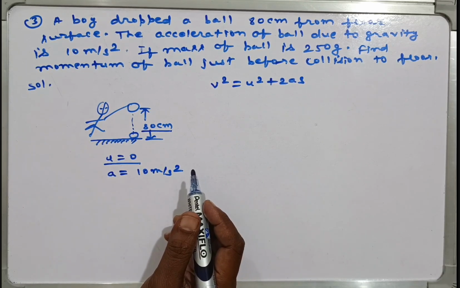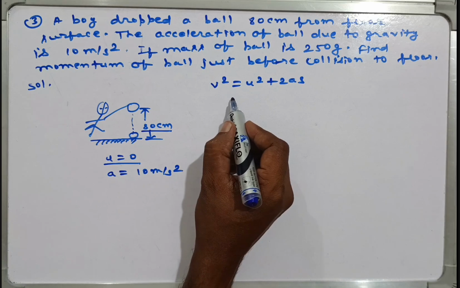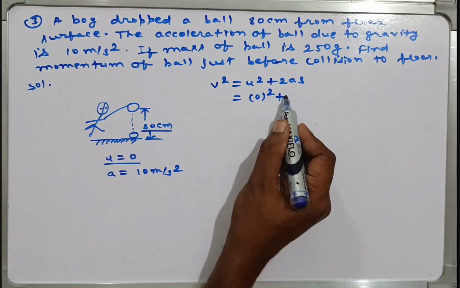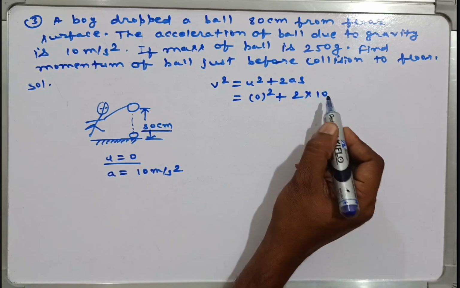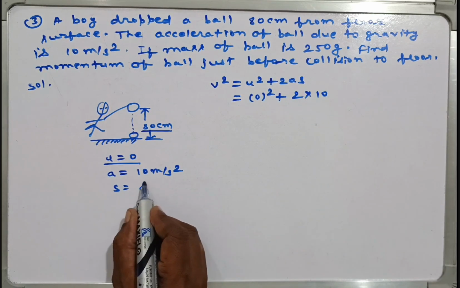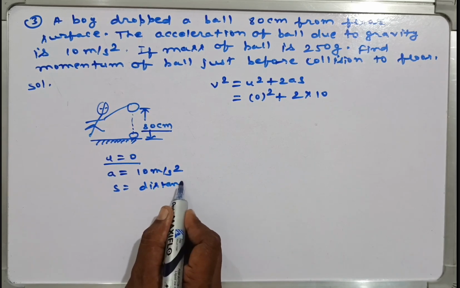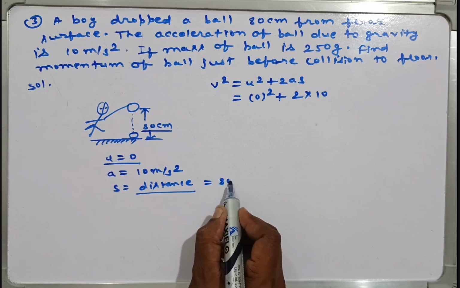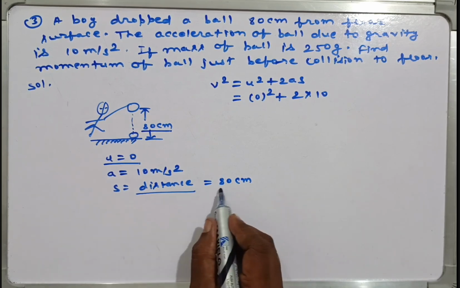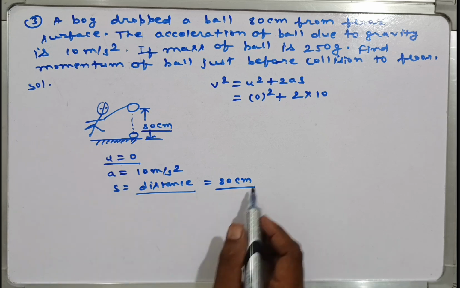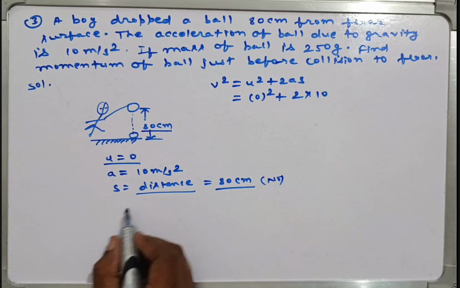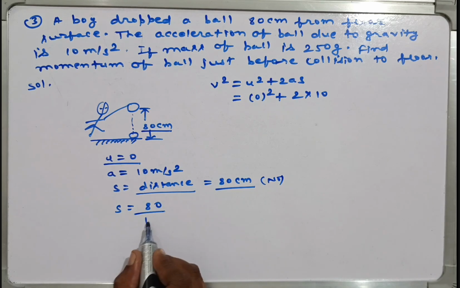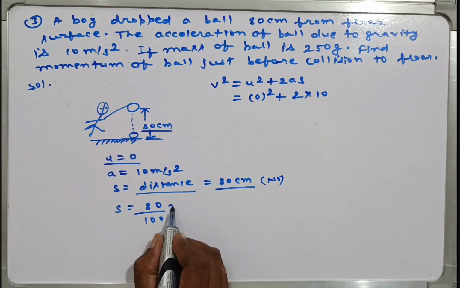Okay, so we can put the values here. This is 0 square plus 2 into 10 into s. Here s is distance, and the distance is given as 80 centimeter. So is it in SI unit? No. So what we do, we divide 80 by 100 to make it meter.